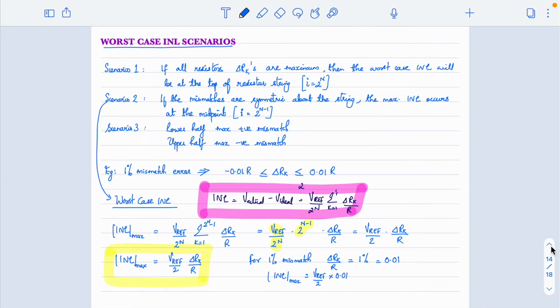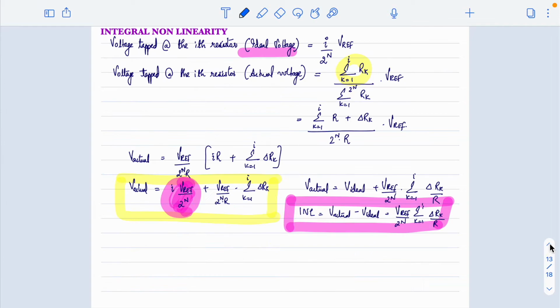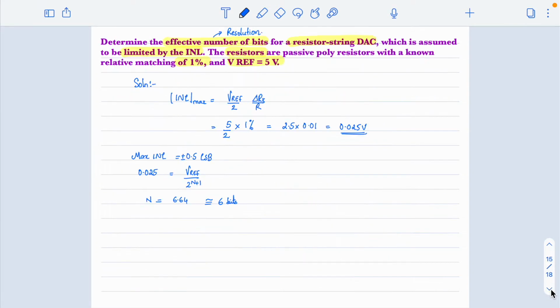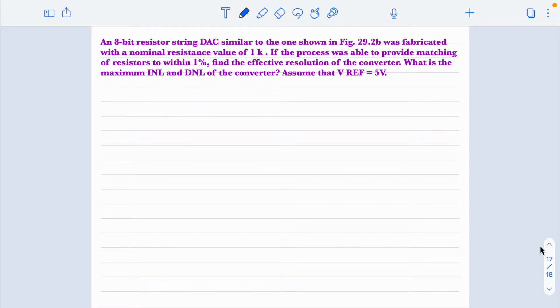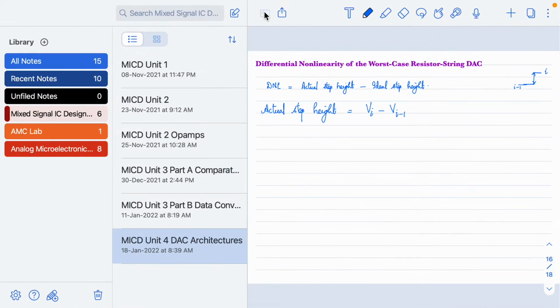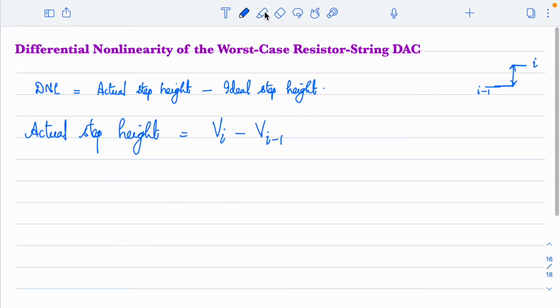We already have the expression here. The actual voltage expression is this. I will take the same expression here, and based on that expression I will write the step height. So look at this, Vi minus Vi minus 1. So what is Vi?